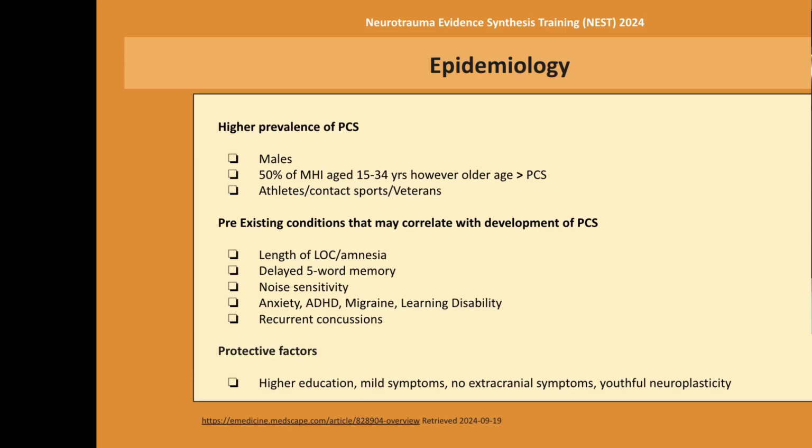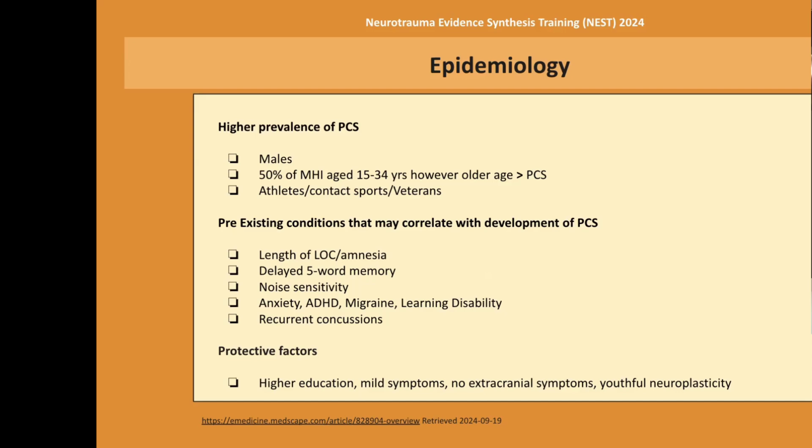The thing I found really interesting when I was looking at this is that there are a lot of studies looking at what the condition of the brain and the human was before they had a concussion. These things that we're looking at here, especially towards the bottom: if they've had a concussion before, they're more likely to develop PCS.